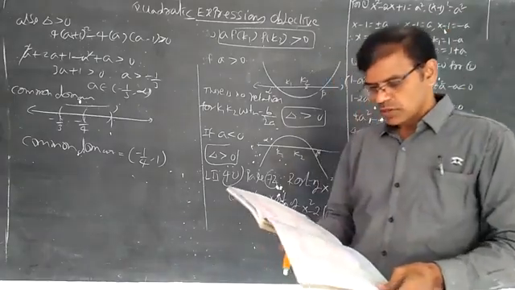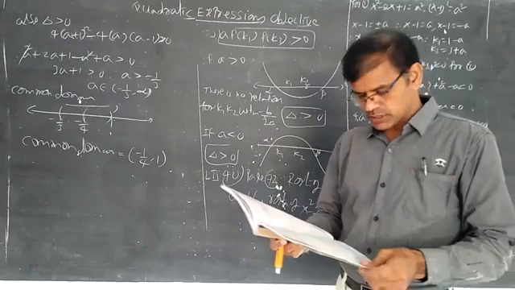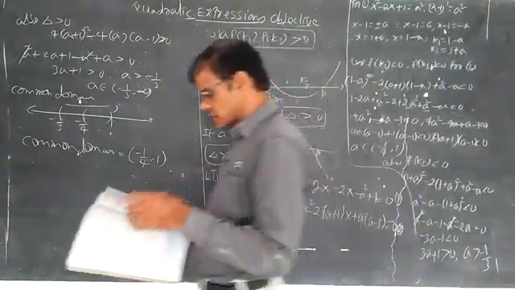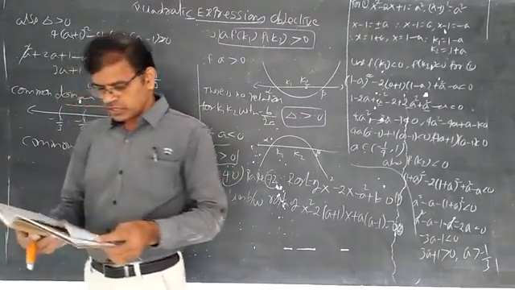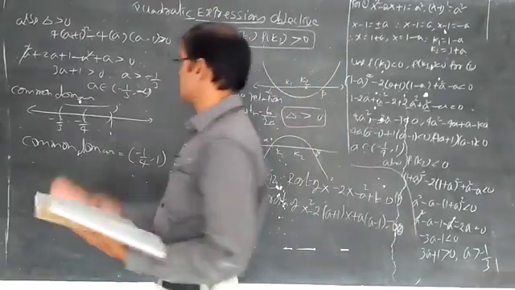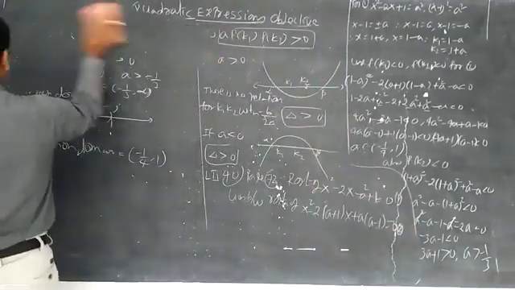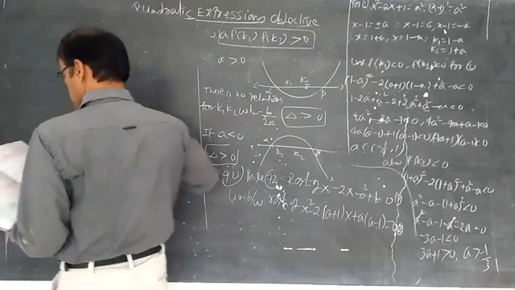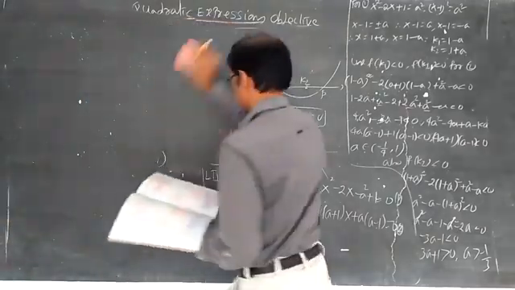And in the previous 11th class, we discussed alpha beta lie between K1 K2. Now let us discuss K1 and K2. K1 less than alpha less than K2, like this. Given only two conditions. Now let us discuss the next condition also.